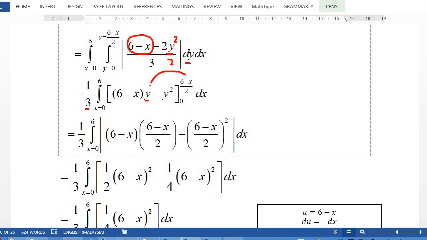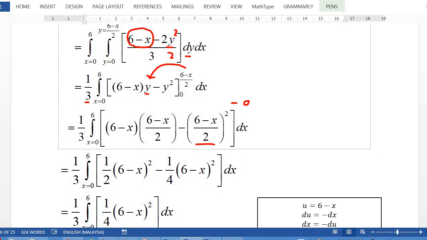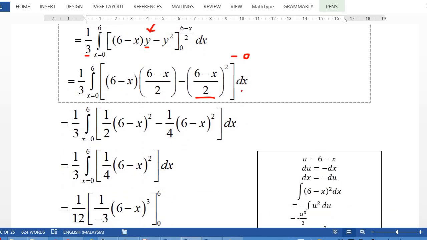Then plug in the limit from 0 to 6 minus x over 2. Remember you integrate with respect to y, then plug into variable y. So 6 minus x times 6 minus x over 2, minus the upper limit, 6 minus x over 2 squared. The lower limit is 0, so it is just minus 0. Then you simplify before you integrate with respect to x.